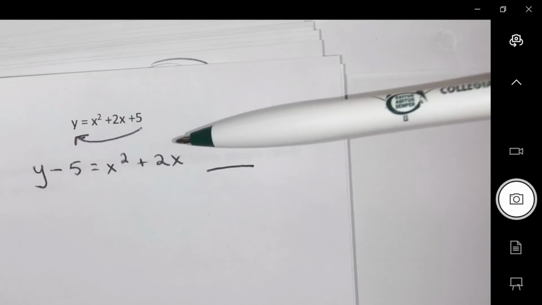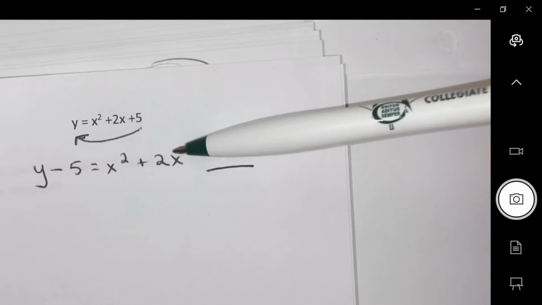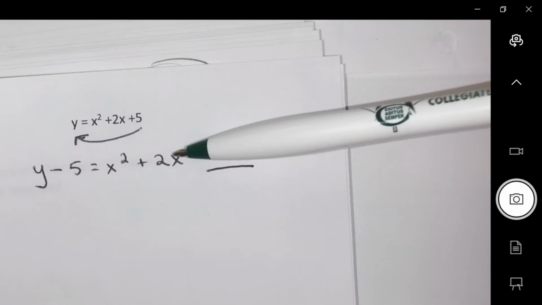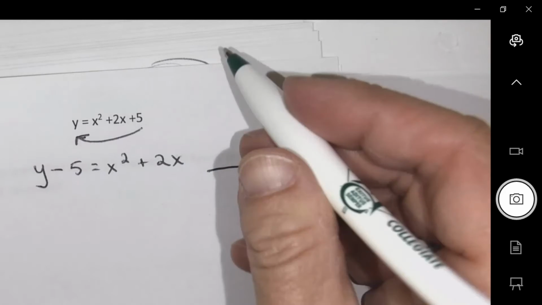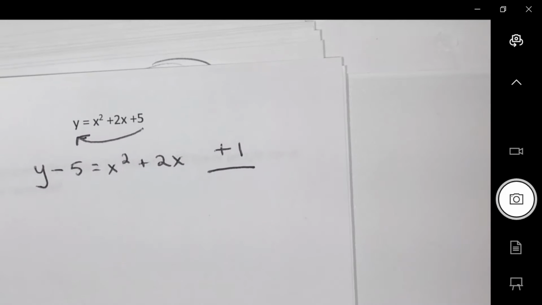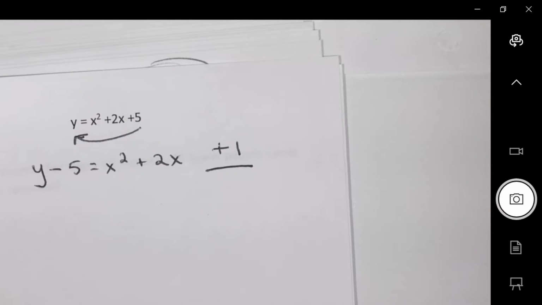So are you doing this? Taking this, half of it, divide by 2. Got it? And then square that value. Did you put a plus 1? 2 divide by 2 is 1, and then 1 squared is 1.